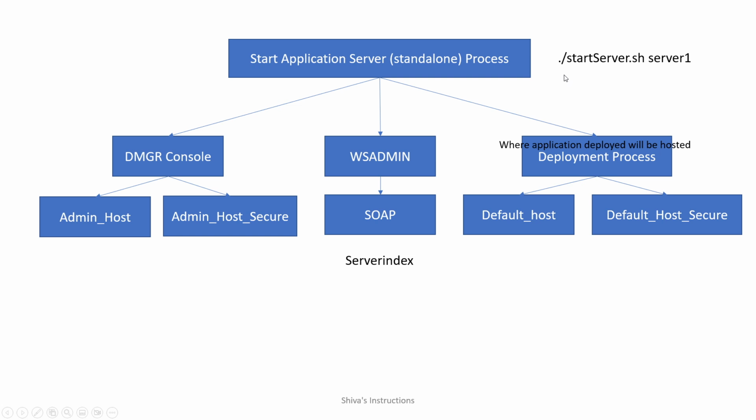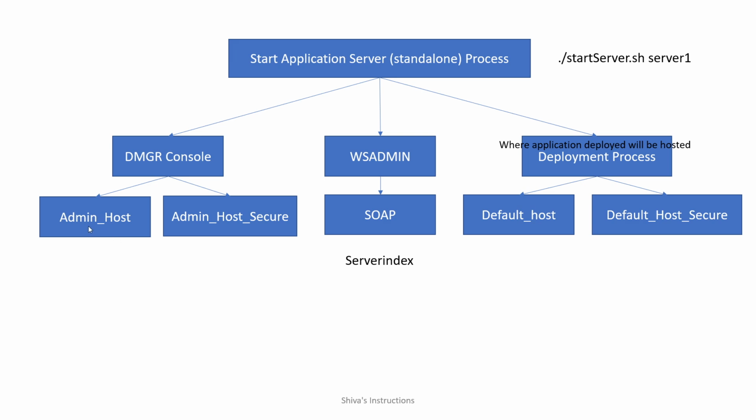We will see this live when we perform it. In the previous video, on the deployment manager profile, you don't see this option because this configuration will be available in the slave node, not in the master node. So you will see this particular item over here, and you can access these deployments using the default host secure port numbers.